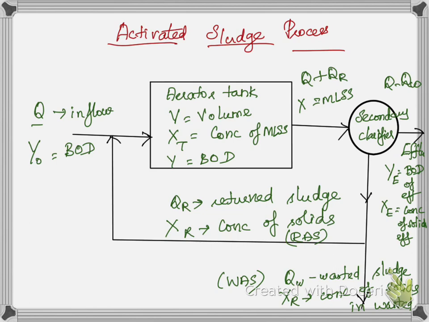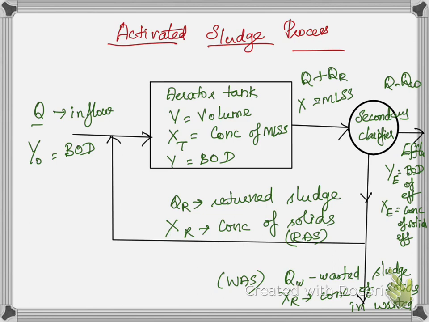In simple terms, this is a biological wastewater treatment. Microorganisms will be consuming organic matter from the wastewater and using oxygen for their respiration, and again the process will be repeated. The main purpose is that we have to oxidize the carbonaceous biological matter and nitrogenous matter, mainly ammonia, and we have to remove the nutrients.